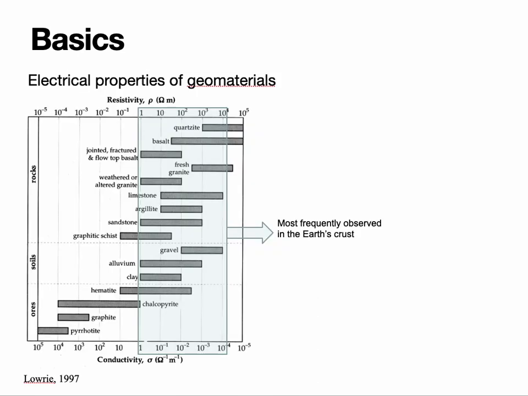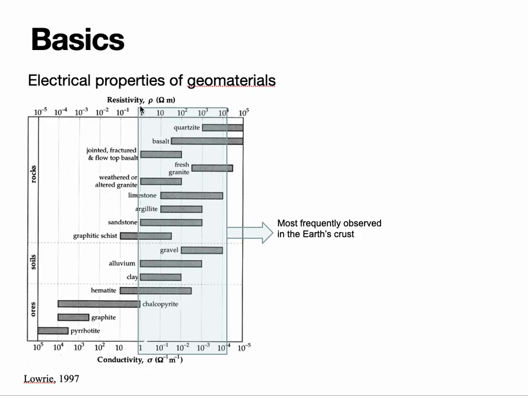So the basic properties of geomaterials can be measured in the lab, and that's basically a table that summarizes values of resistivity or conductivity for different types of rocks. Here you see in the blue square the rocks which are the most frequently observed in the Earth crust.